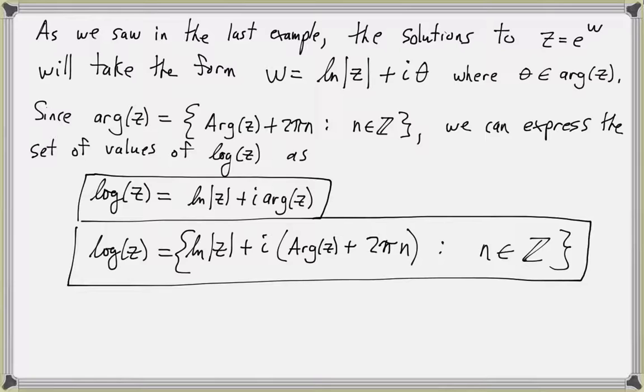Now, just like we singled out the principal argument, capital Arg of z, which is the value of the argument between negative pi and pi, if we choose the value of the log function with the principal argument as the value for theta, in other words, let n equal 0 in this last statement, then we get what we call the principal value of log.